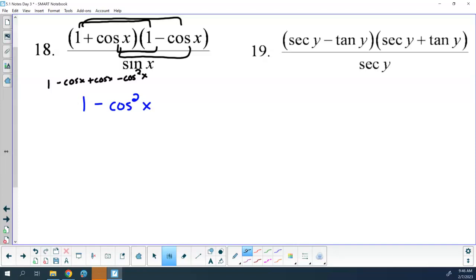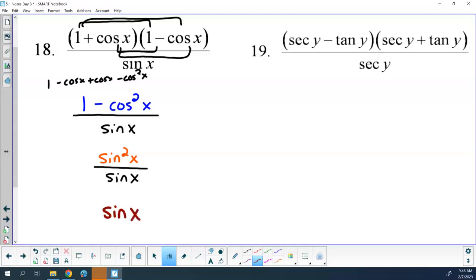And that then is all going to still be over sine. 1 minus cosine squared is sine squared, still over sine. Now it's just kind of like the warm-up problem where it ends up being sine of x. Agree on the first one.